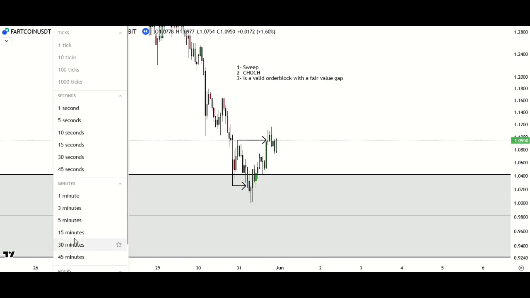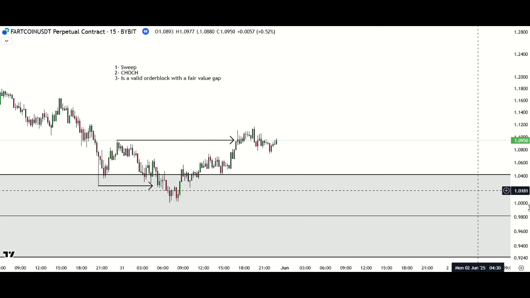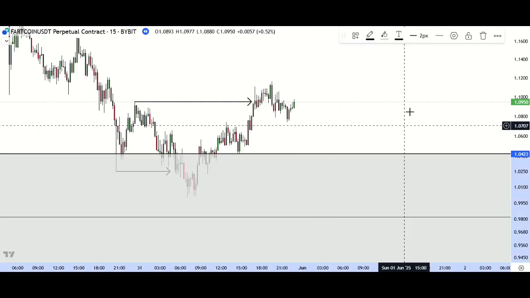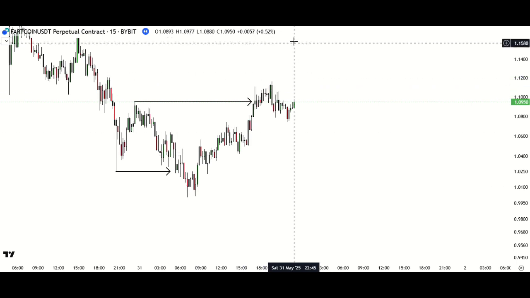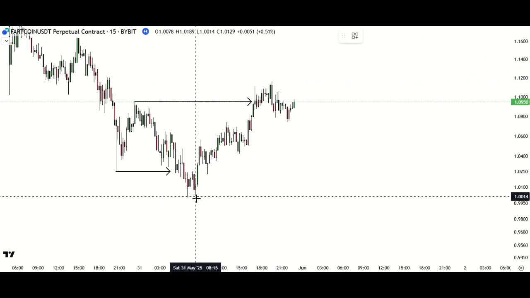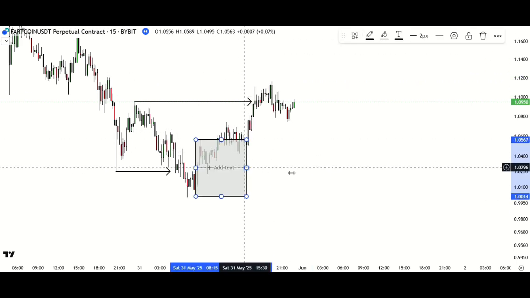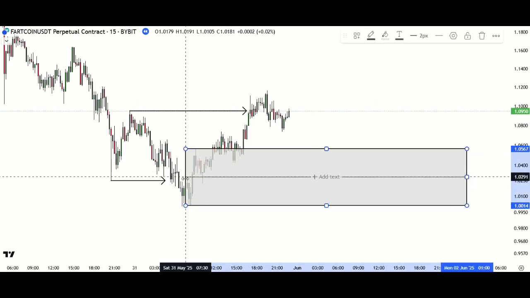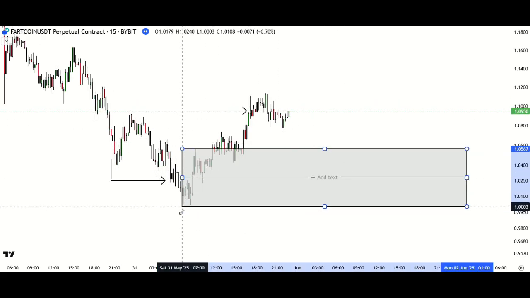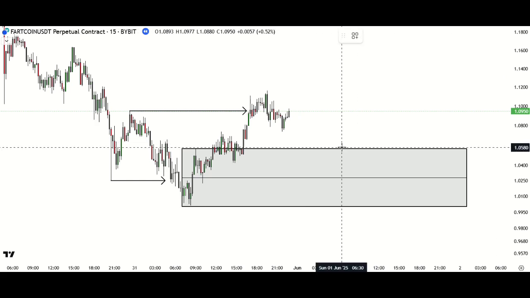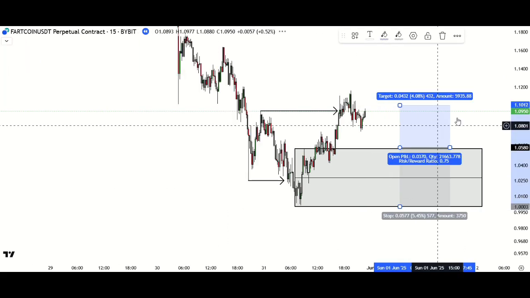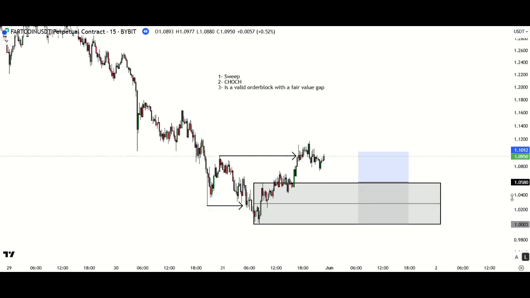So now we're going to go back into the 15 minutes and look where we can get our entry from. So what I can see is this low over here till this high. This is where our order block is right now. What we're going to do is have our entry right on our order block, stop loss at the low of the order block wherever it was formed.